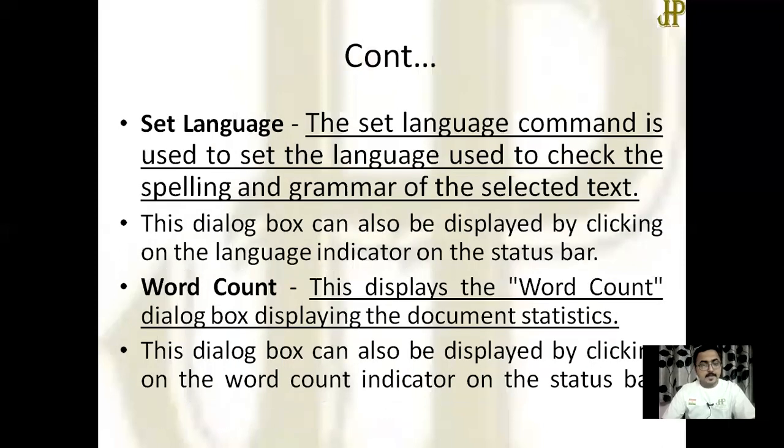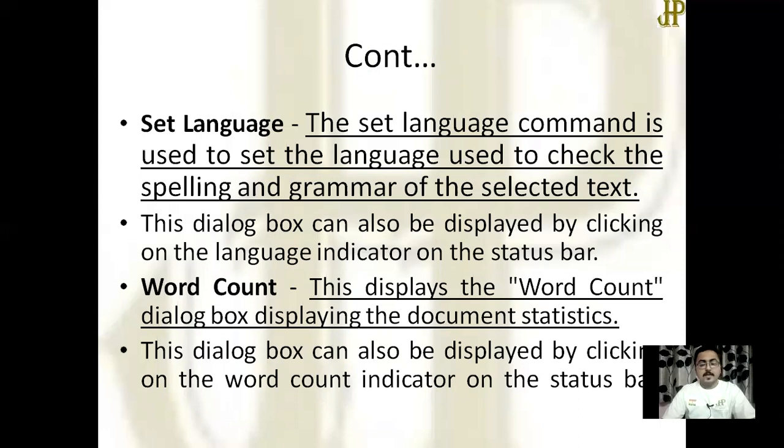Next one is set language. As the name suggests, the set language command is used to set the language for checking purpose for spelling and grammar. This dialog box can also be displayed by clicking on the language indicator on the status bar.